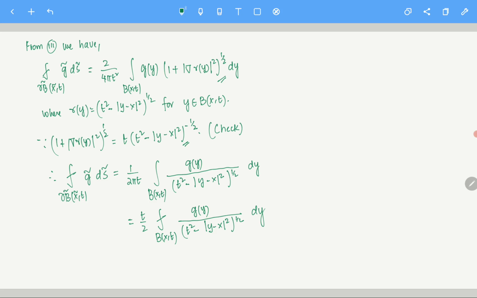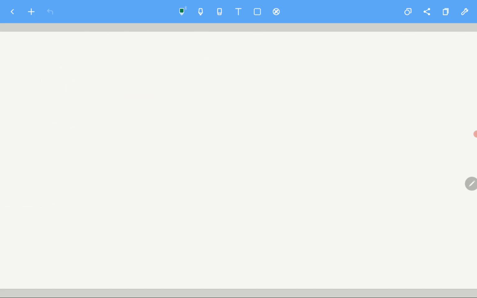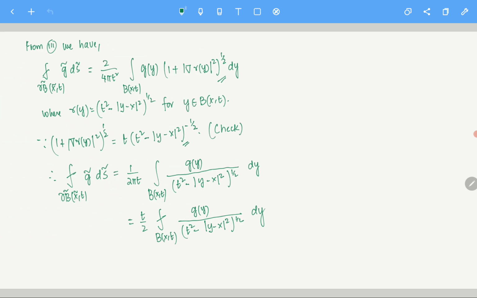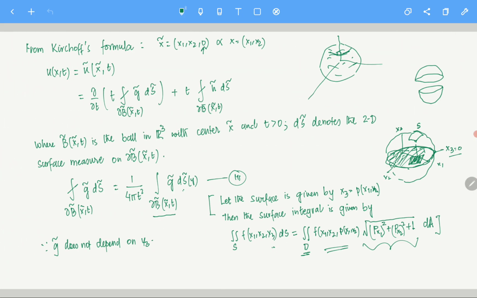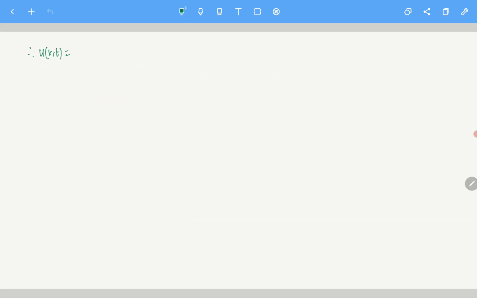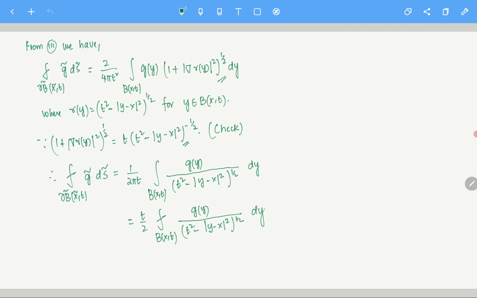Now you see, therefore what do you have? U of xt. How does it look? U of xt, you remember this formula, right? So the average of g tilde is this, and u of xt is given like this. I will just put that average of g tilde in here, and then what I have is u of xt is half of del t of t square, because already one t is there and this t part is there, so t square.